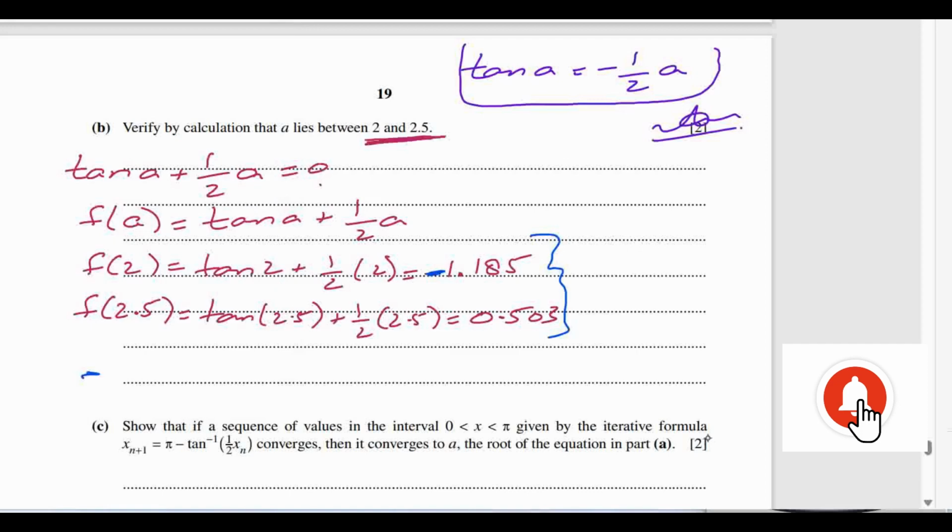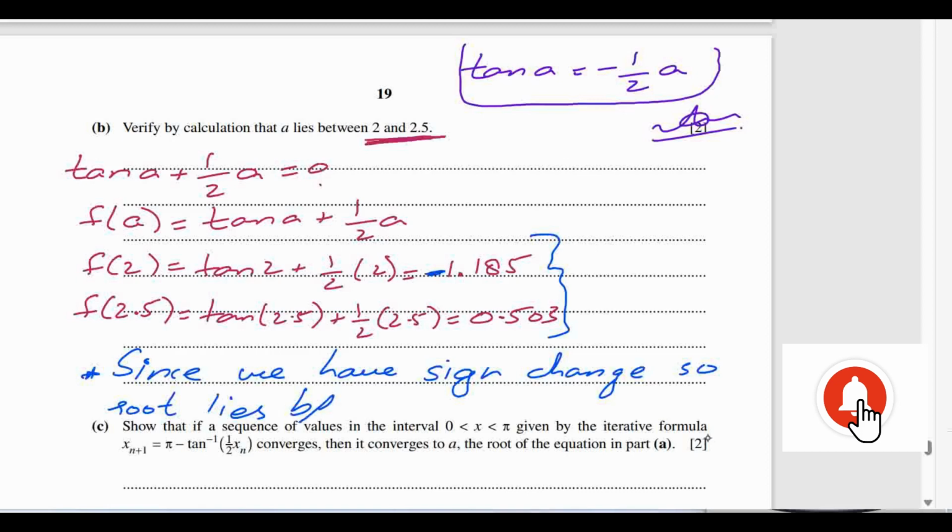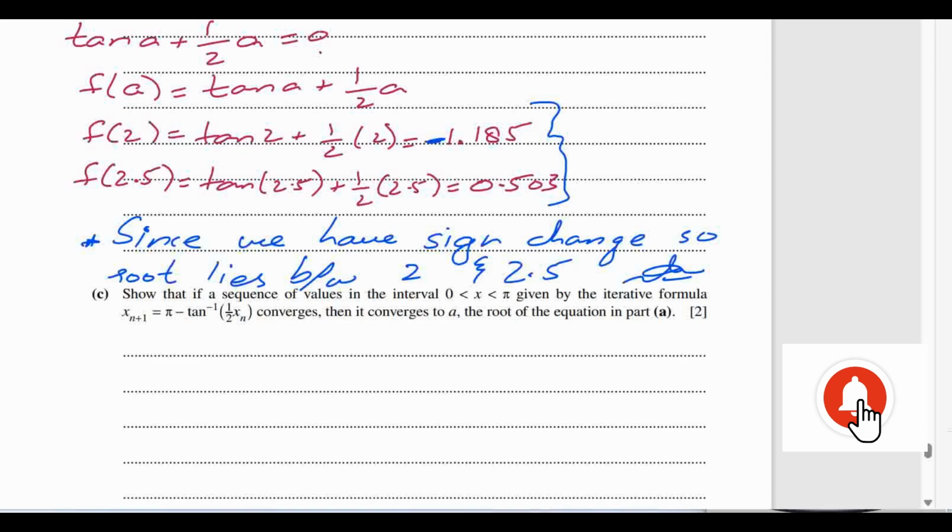So we can write over here that since we have a sign change, it means that the root lies between 2 and 2.5. So this will be the final answer. Let's move on to the next part.